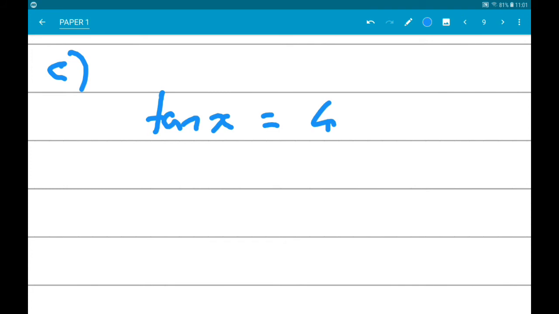Now, we need to use radians because of the exponential term, so inverse tan, and we get to two decimal places that x is 1.33.